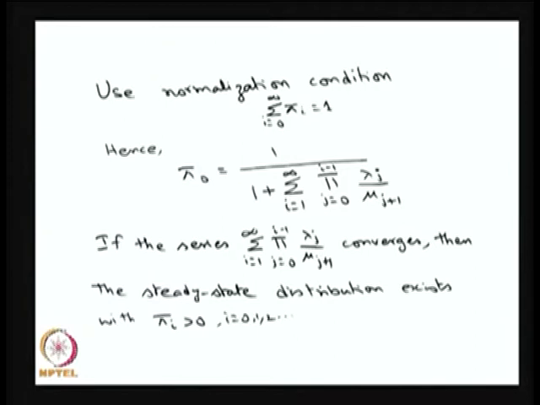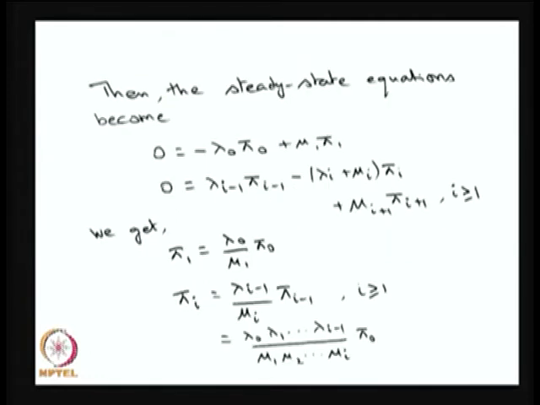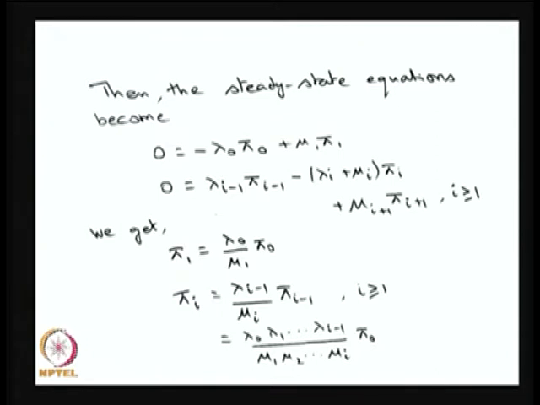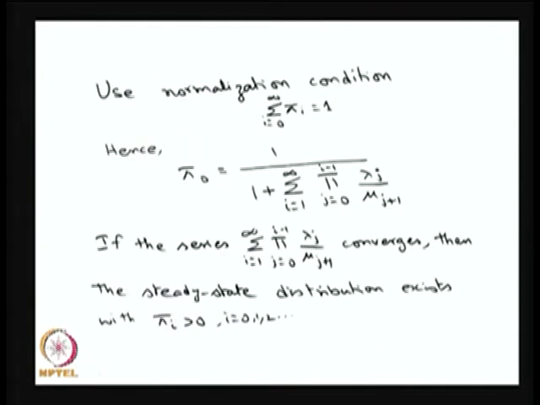This is the condition for a steady state distribution for a birth death process, because we started with the birth death process forward Kolmogorov equation. Using these two conditions, we have simplified into this form, used the normalizing condition and got pi naught. As long as the series converges, we will have the steady state.